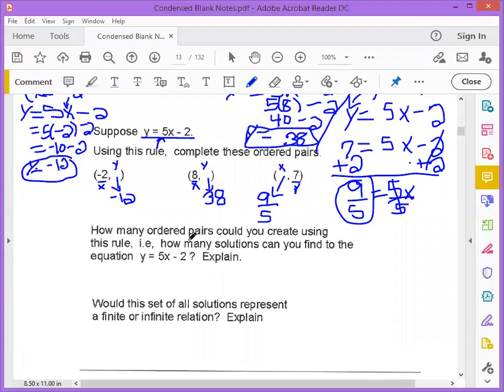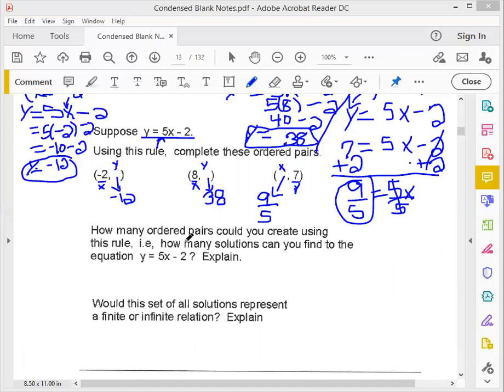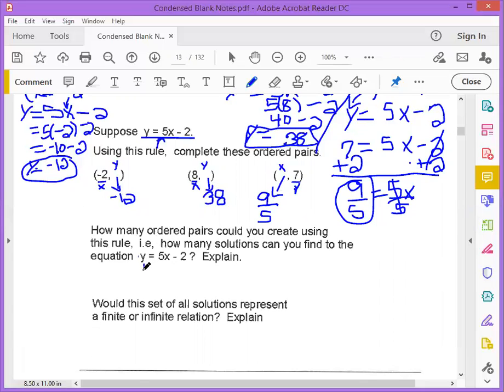How many ordered pairs could you create using this rule? In other words, how many solutions can you find to this equation, y equals 5x minus 2? Explain. Now, how many solutions can we find to this equation? That means how many different x and y coordinates could we plug into this equation? There are several, because just like we did for this last example, we can come up with a bunch of ordered pairs.